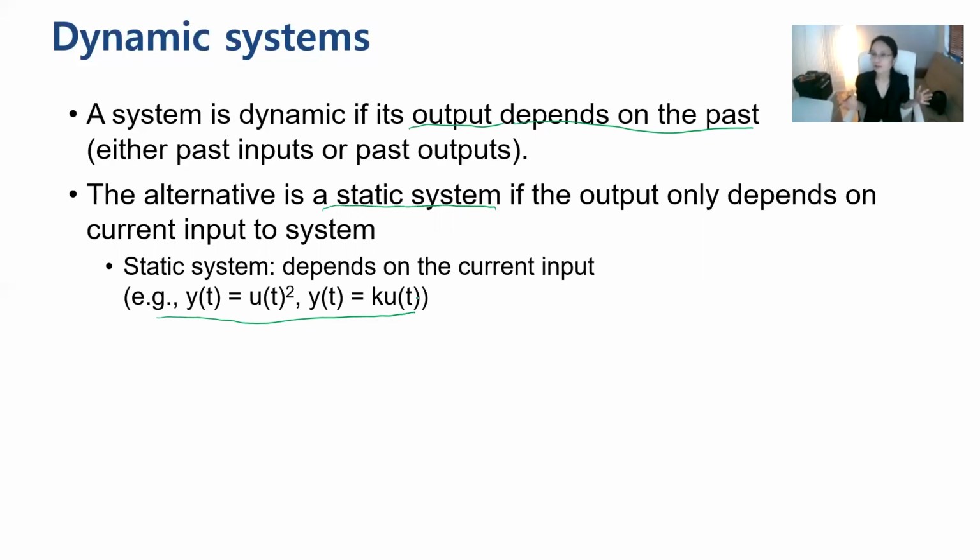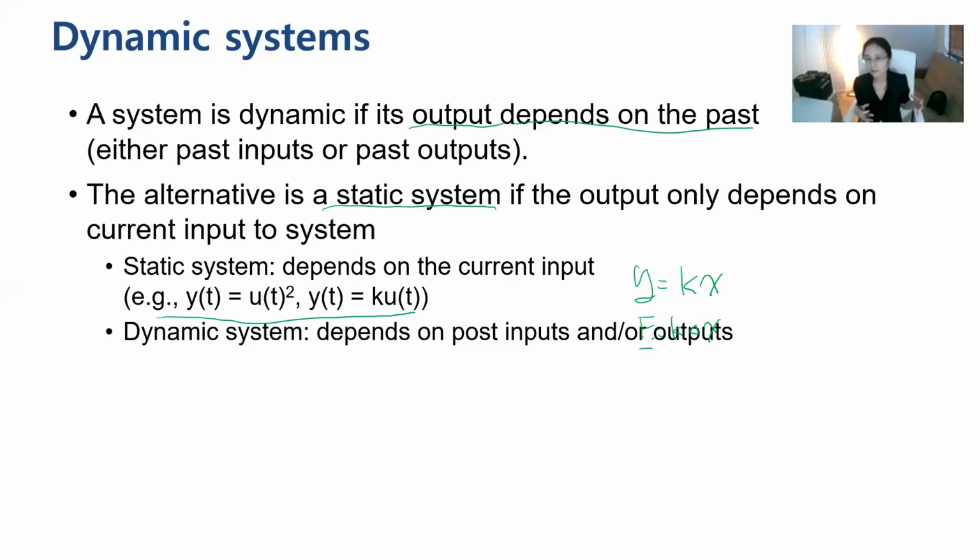Can you come up with any example of a static system? Something like a spring, which is y equals kx. That is a static system because the output, the force, F equals k delta x, depends only on the current input.